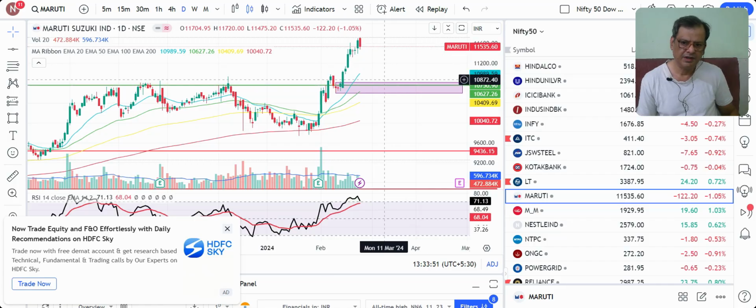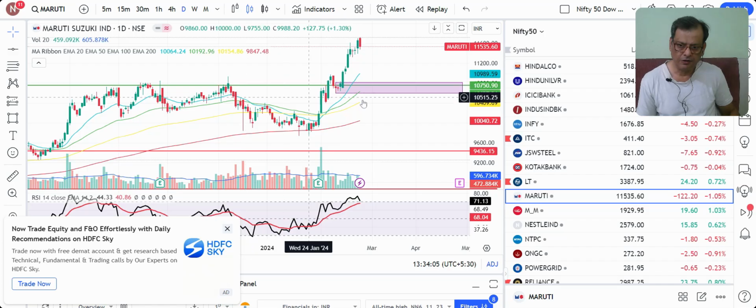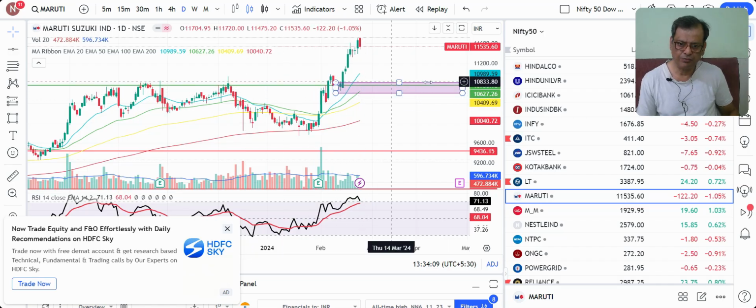But of course, as many times as price keeps hitting the support, chances are it will break, at least for a bit, if not permanently. So I hope you understood the concept of a demand zone and what is support.